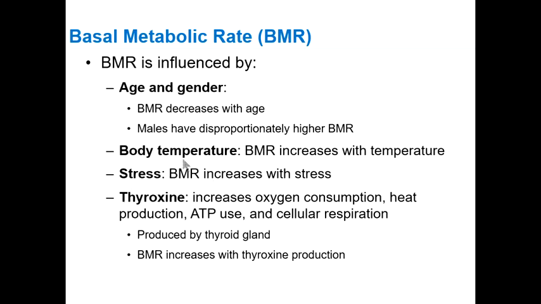Stress also increases BMR. Thyroxine, produced by the thyroid gland, increases oxygen consumption, heat production, and ATP use in cellular respiration. So BMR increases with thyroxine, which controls your metabolism. It makes sense: higher metabolic rate, more thyroxine.